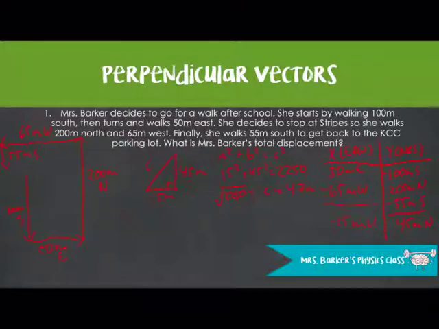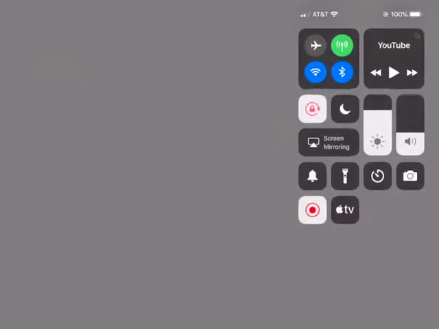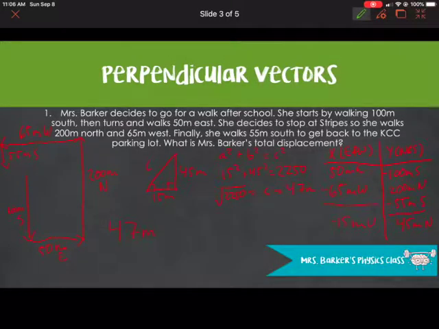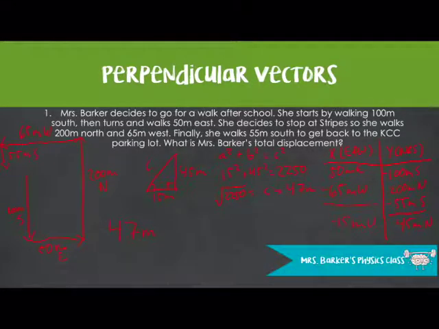Okay, so I know I have a total displacement of 47 meters, but I need to know what direction, and that's going to be my angle here. So now to find direction, I know all three sides and I know I have a right triangle, so I can use any of my trig functions.